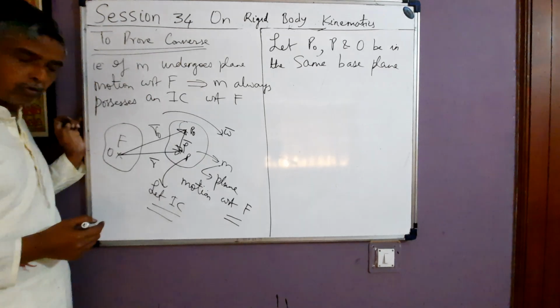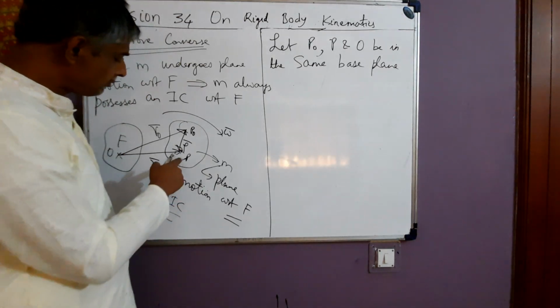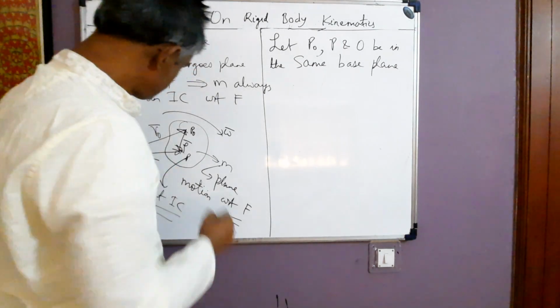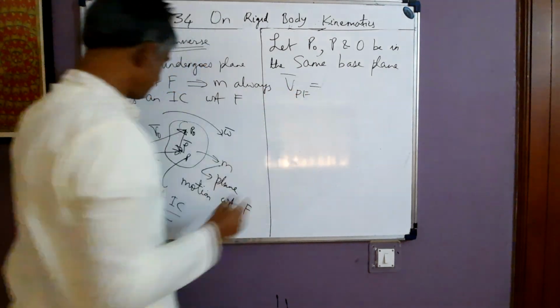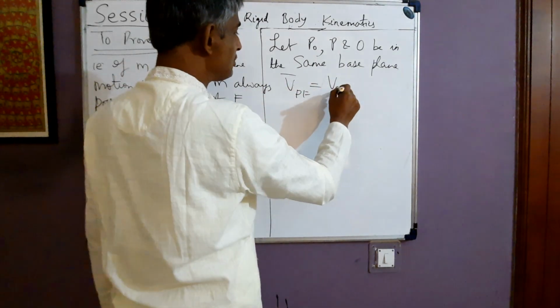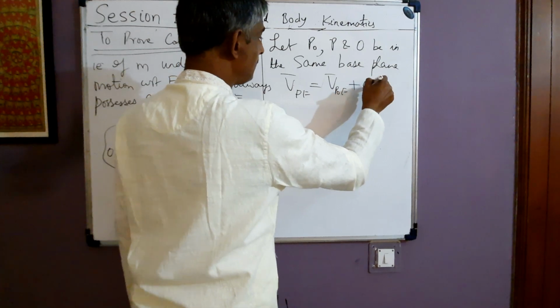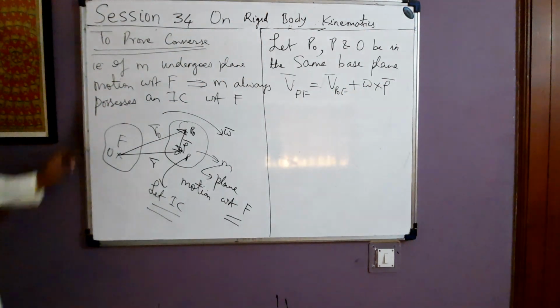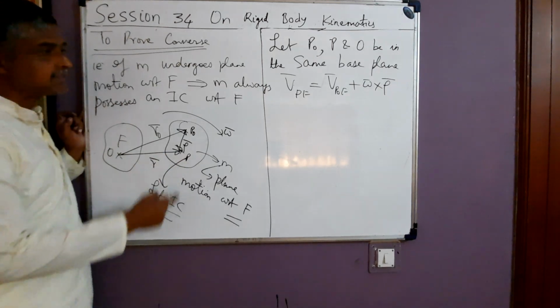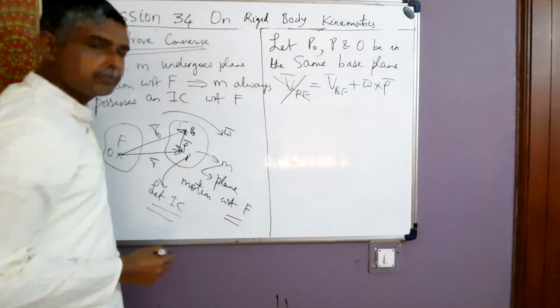Now we know from the theory of rigid body kinematics that velocity of P with respect to F, VPF, is equal to velocity of P naught with respect to F plus omega cross rho. We have assumed P is the IC, so VPF becomes 0 by definition.